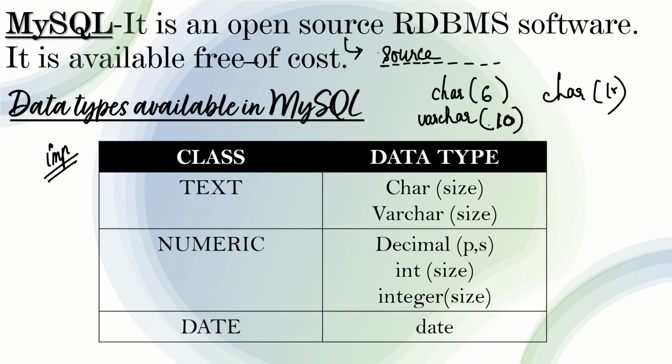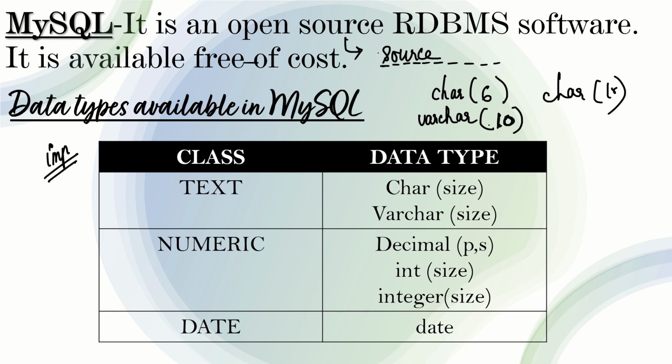Why do we have to simply waste? So for that we use varchar. Varchar means variable character. If we give varchar of 100 and a word only has 2 letters, only 2 spaces will be taken. The rest of the spaces will be avoided.